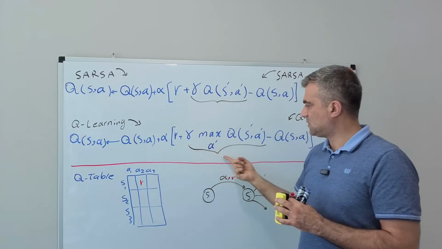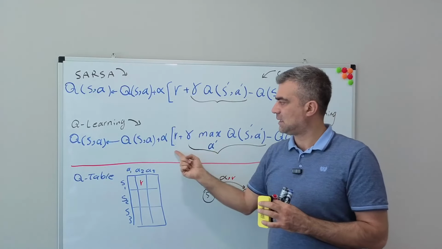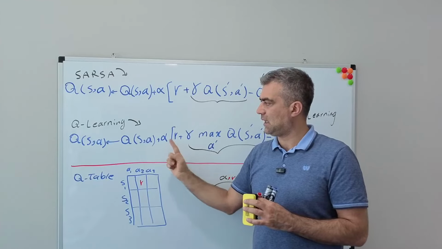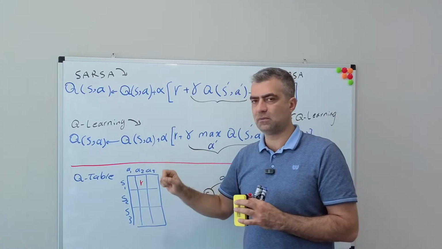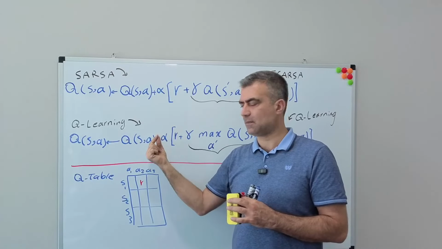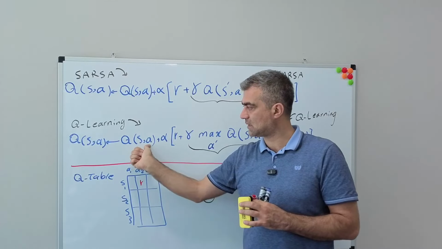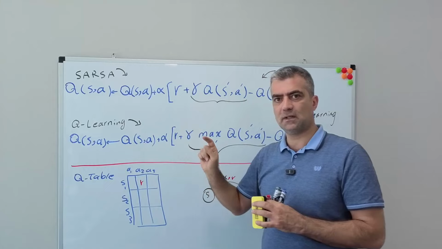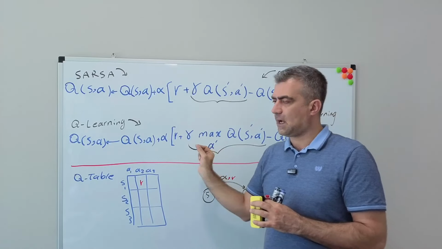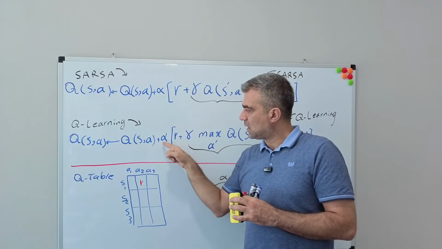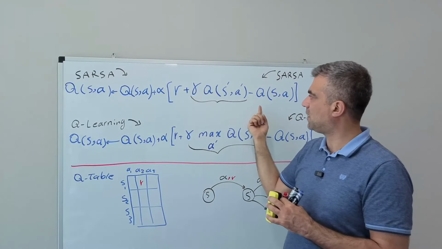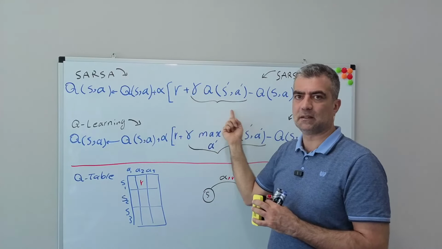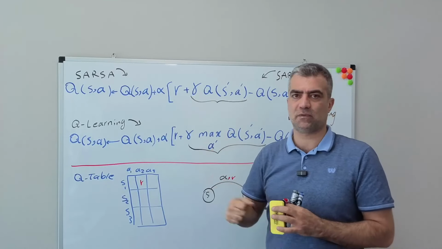And this all together either increases your Q value, your reward of taking action A in state S, or decreases it. And how much increase or decrease comes from this alpha, and also from how big the discounted future reward is.